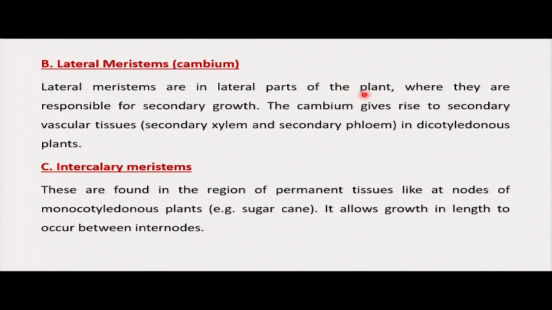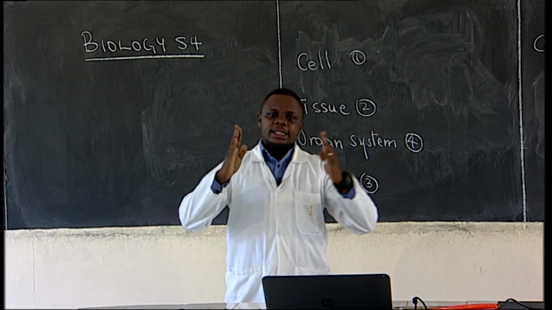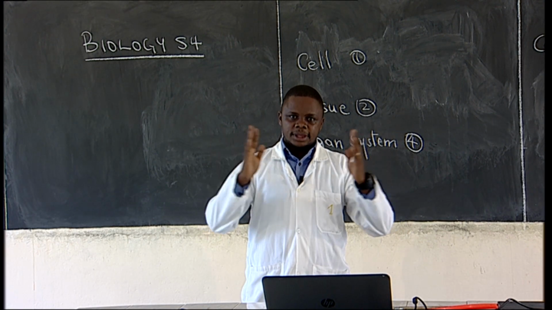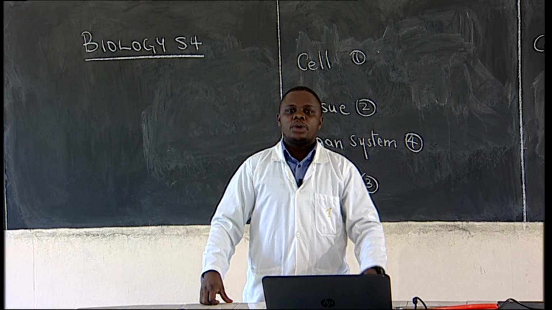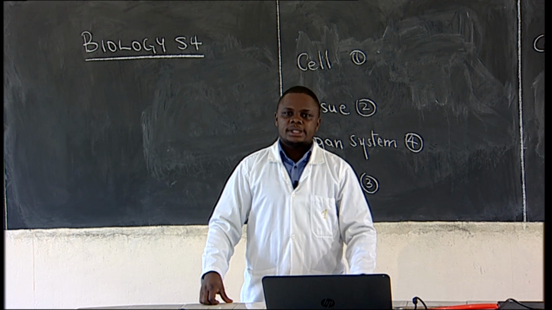These are lateral parts of the plant where they are responsible for secondary growth. The cambium gives rise to secondary vascular tissues. Here we have secondary xylem and secondary phloem in dicotyledonous plants. These make the cambium increase in terms of width.